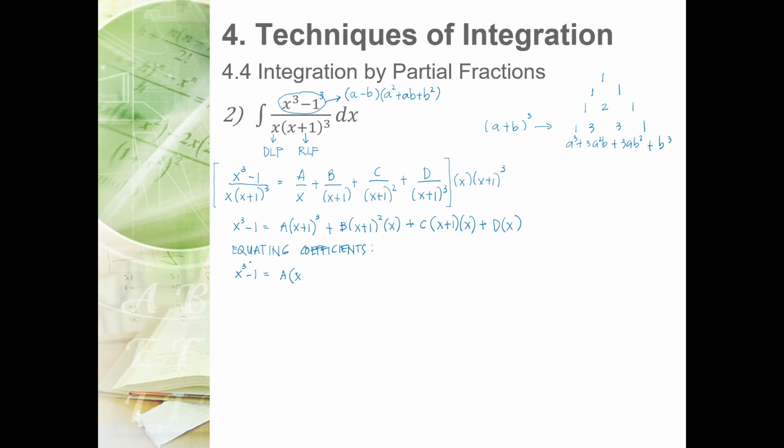So x cubed plus 3x squared times 1, plus 3x plus 1. That's the first one. Second one is we're going to have B times x squared plus 2x plus 1, and then multiplied by x again. C is just C times x squared plus x, and then D is just Dx.